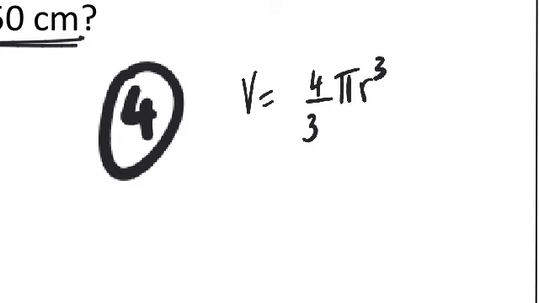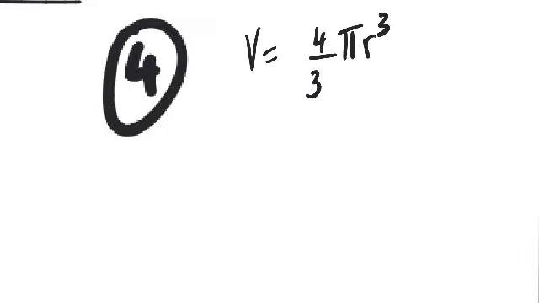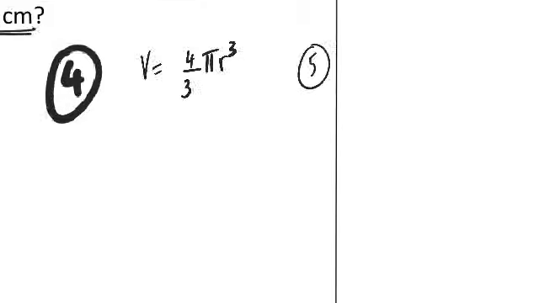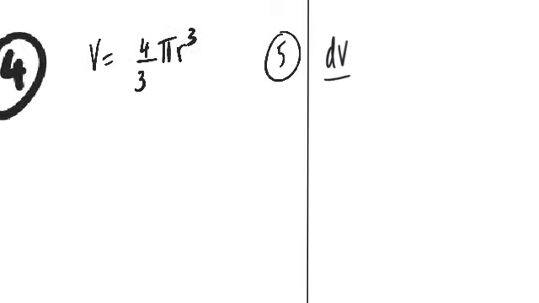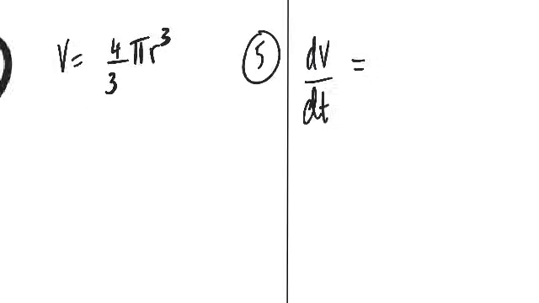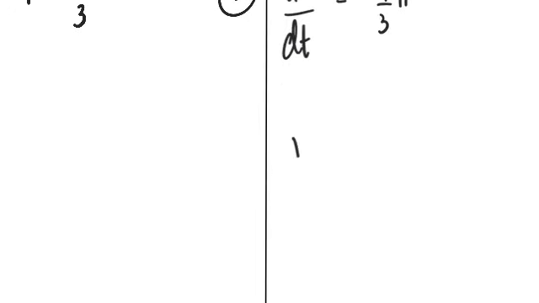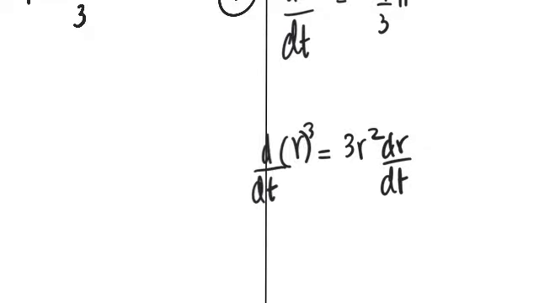So here's the volume, and now I just have to differentiate both sides, and that will be step 5, and you're going to do it with respect to time. So dV/dt is equal to 4/3 pi, which is a constant. And let me think now about r cubed. When you're differentiating that with respect to time, it will become 3r squared, that's out prime of in, times in prime, which will be dr/dt.